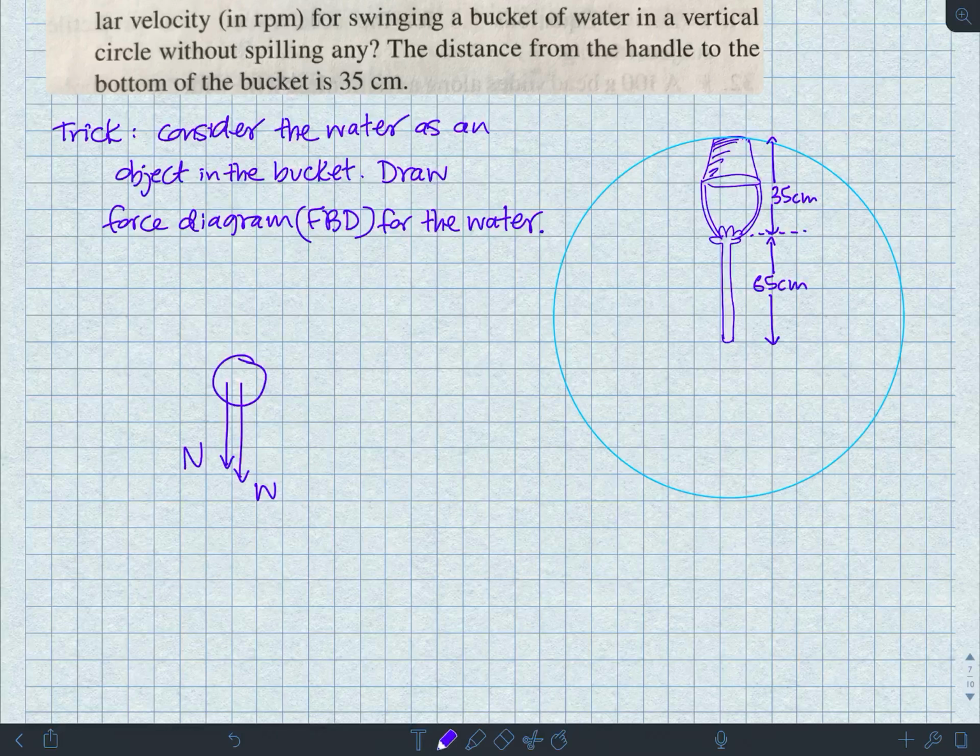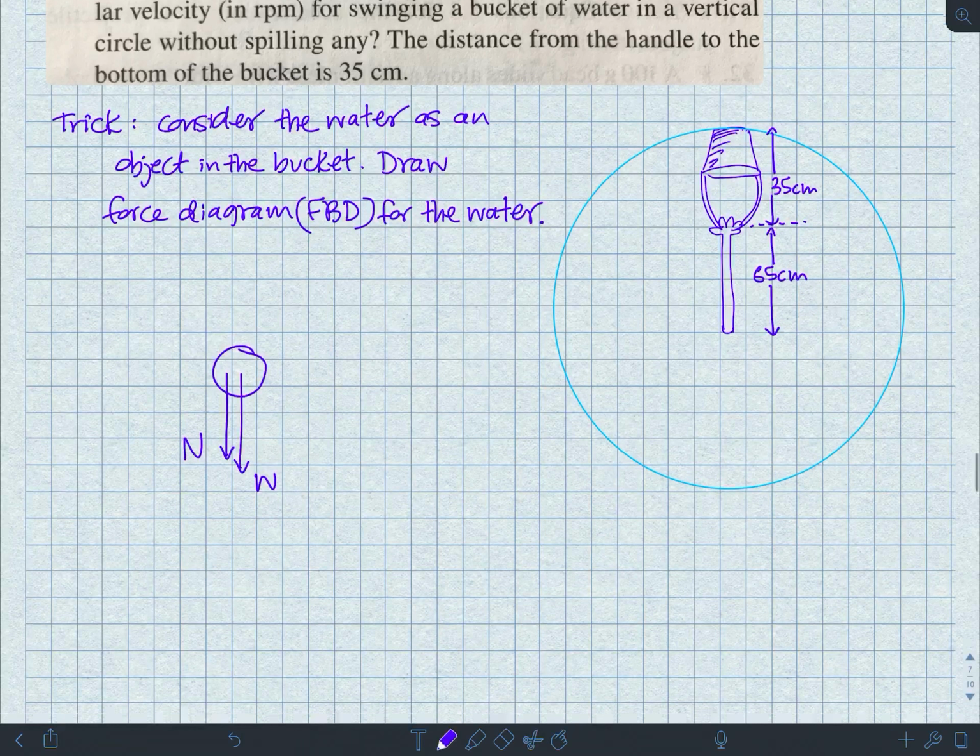Okay, so the faster we swing this, ask yourself what's going to happen if we swung this faster and faster. What would change in our force diagram? Would the weight change? No, the weight's not going to change because the weight just has to do with mass and the acceleration due to gravity. That's not going to change.